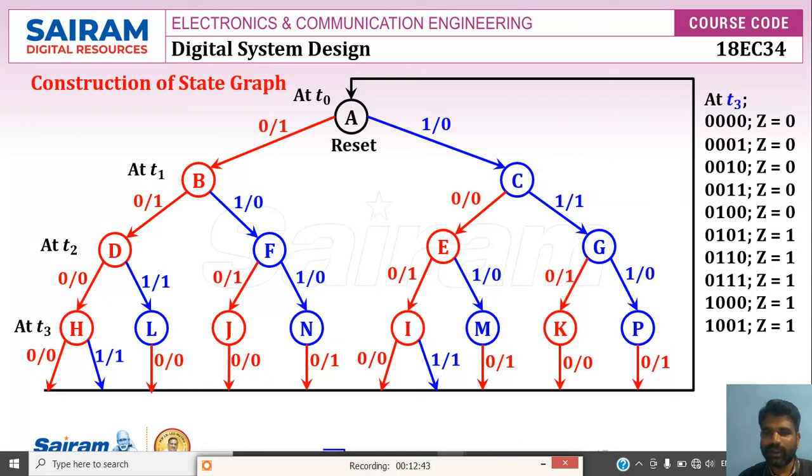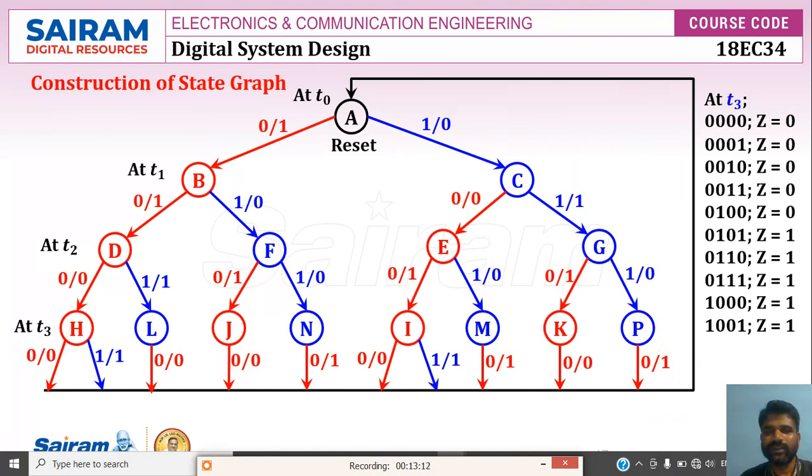And at N, if 1 is received, the total received sequence is 1 1 1 0, that is also not specified, so output is specified as a don't care, so I have removed it in the graph. And next at P, if 1 is received, the total received sequence is 4 ones. Again for 4 ones, output is not specified, so output is don't care, so that is also removed.